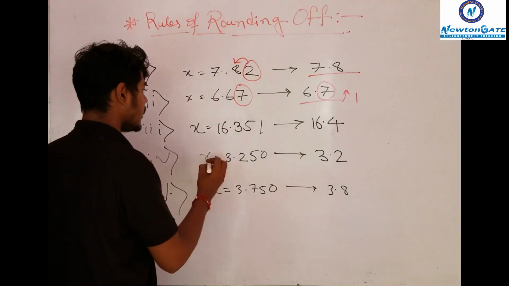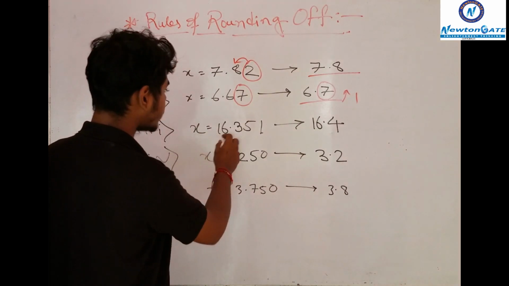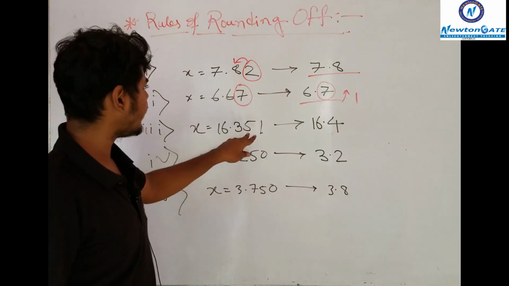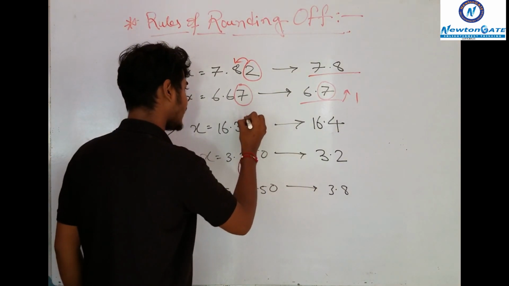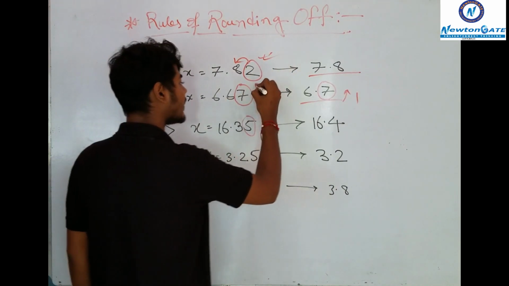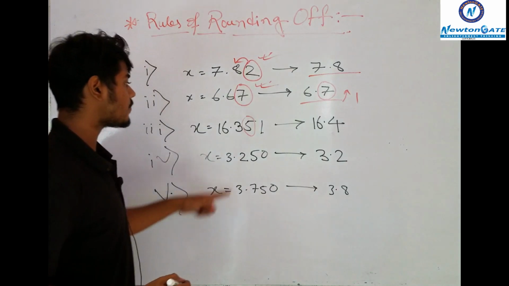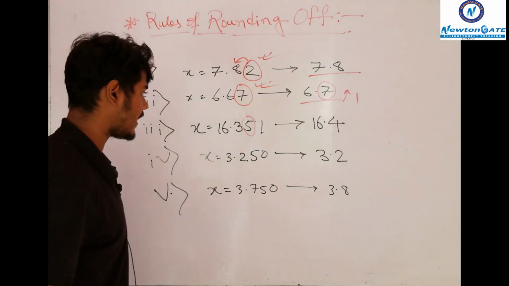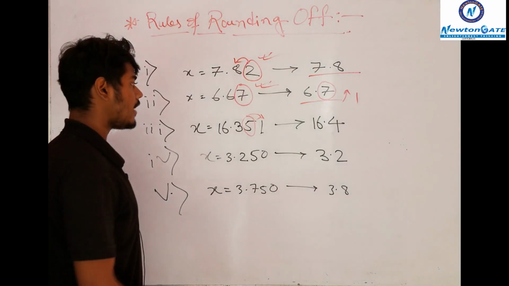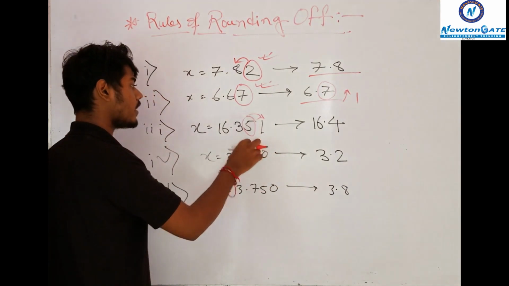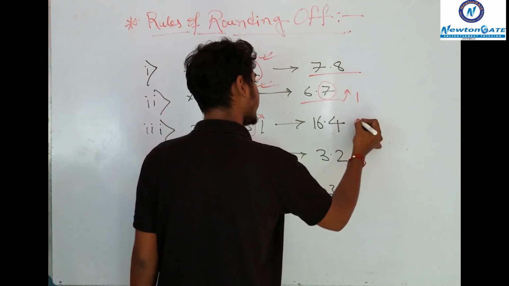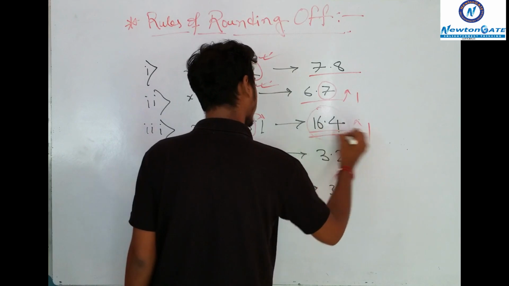Next example, if x equals 16.351, the digit to be dropped is 5. If it is less than 5, then the first rule applies. If it is greater than 5, then the second rule. If it is 5, we have to see another thing, that is, whether the digit after it is 0 or non-zero. If it is non-zero, then we increase the preceding digit by 1. So it becomes 16.4.